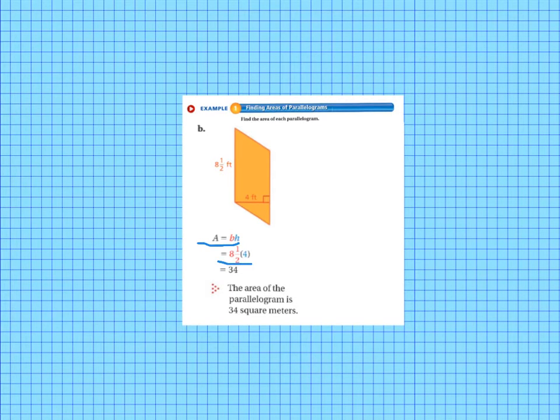So our base is 8.5 feet, and our height is 4 feet. And we multiply those together for our third step, and we get 34. So our answer is the area of the parallelogram is 34 square meters.